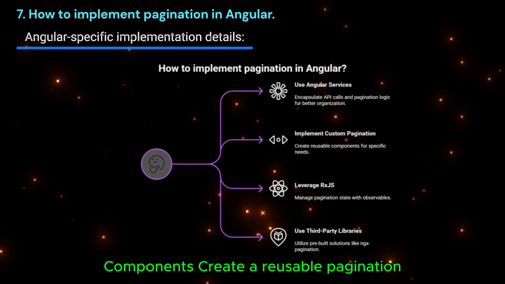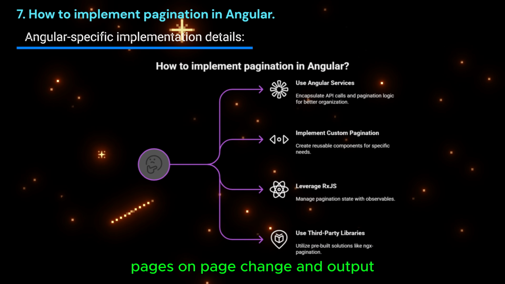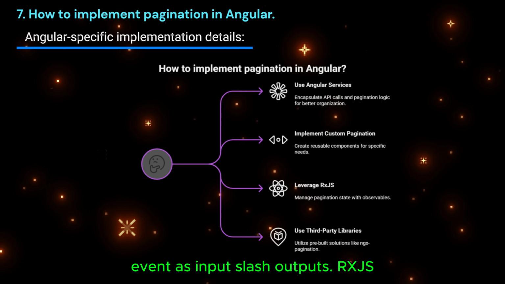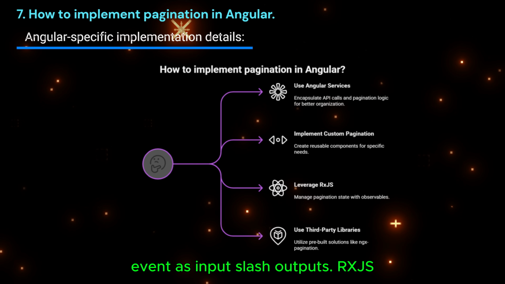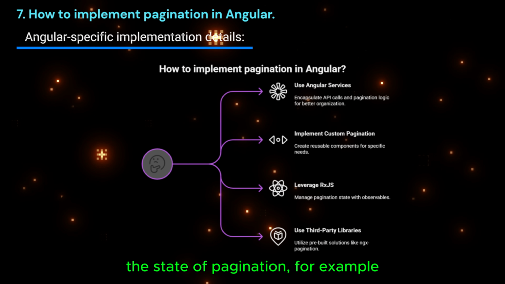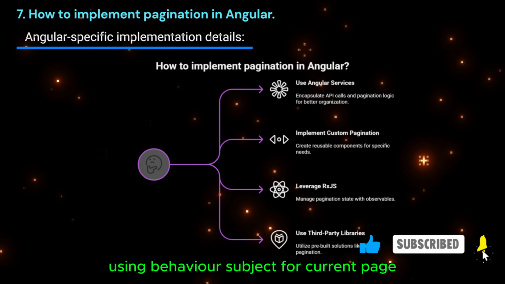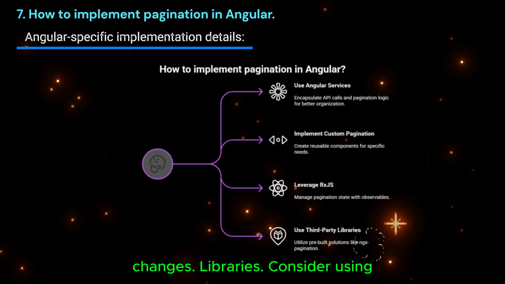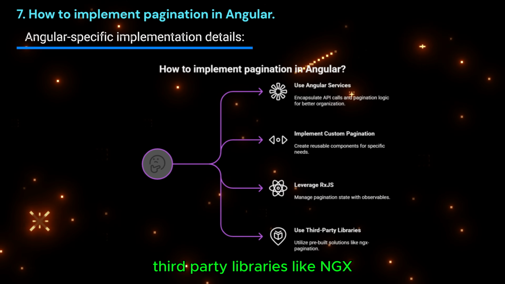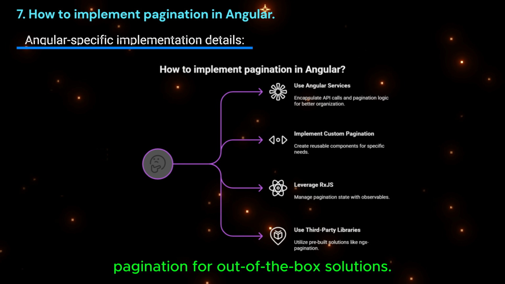Create a reusable pagination component that takes current page, total pages, and an onPageChange output event as inputs/outputs. RxJS. Observables can be used to manage the state of pagination. For example, using BehaviorSubject for current page changes. Libraries. Consider using third-party libraries like ngx-pagination for out-of-the-box solutions.